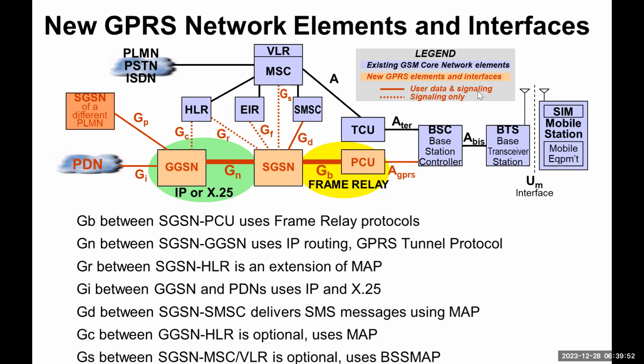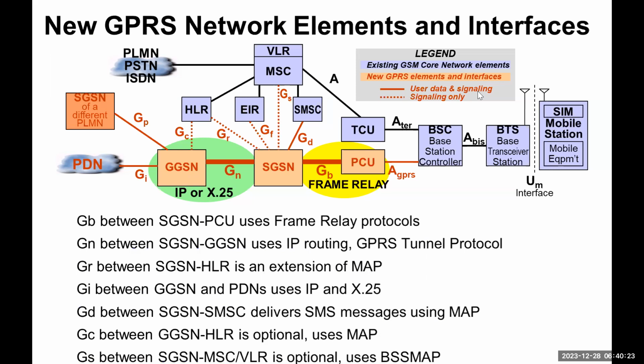Each of these will be described in different interfaces. Some of the new interfaces you can see here include the Gb interface between the PCU and SGSN, the Gn interface between the SGSN and GGSN, and the Gi interface between the GGSN and public data network.